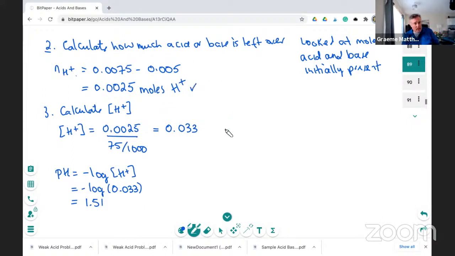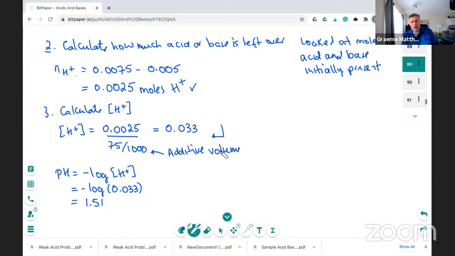Now, this is the next bit. The next bit that's a bit tricky is this bit here, chemists. The concentration of acid is the moles of acid, agreed, over, now this is the additive volume. This is the additive volume.